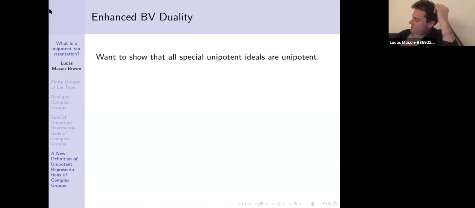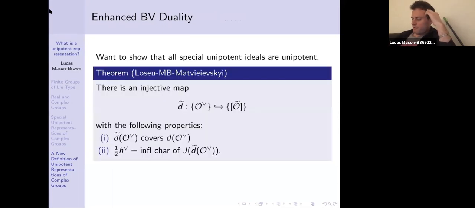So one interesting question is to describe the relationship between our ideals, which are parameterized by nilpotent covers on the group side, and the Arthur Barbasch-Vogan ideals, which are parameterized by nilpotent orbits on the dual side. It turns out that the key to unlocking this relationship is a certain refinement of Barbasch-Vogan duality, which is as follows. There is an injective map from nilpotent orbits for the dual group to equivalence classes of covers for the group.